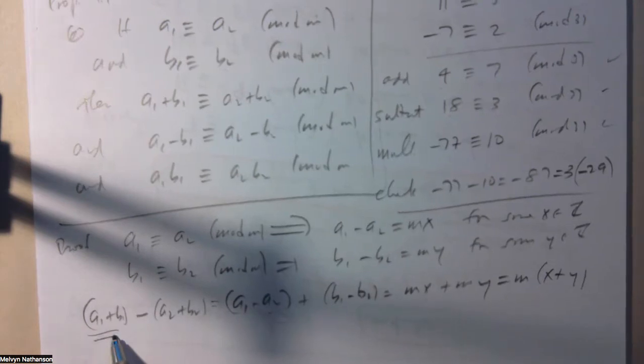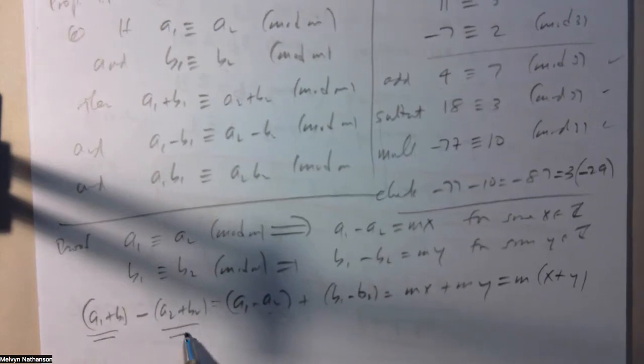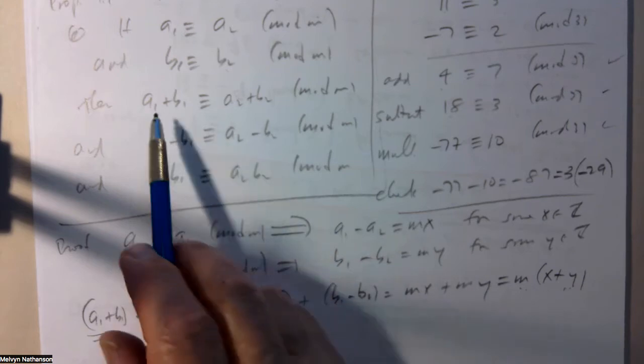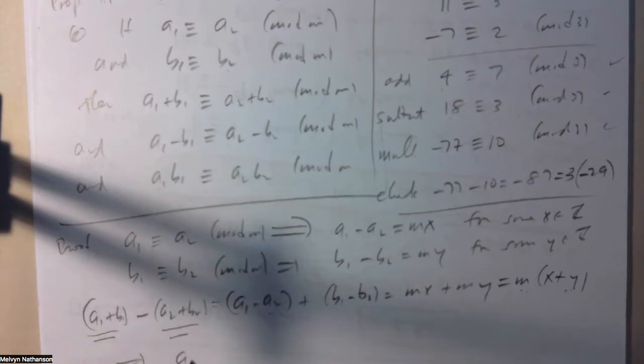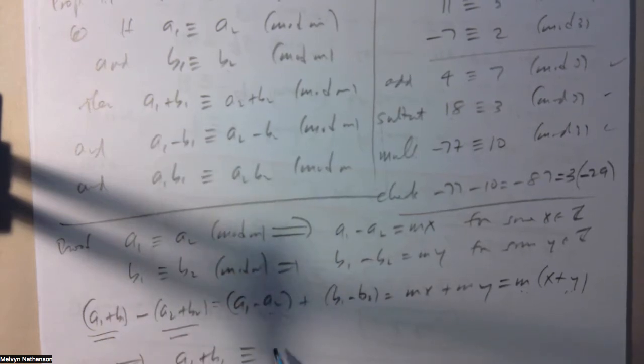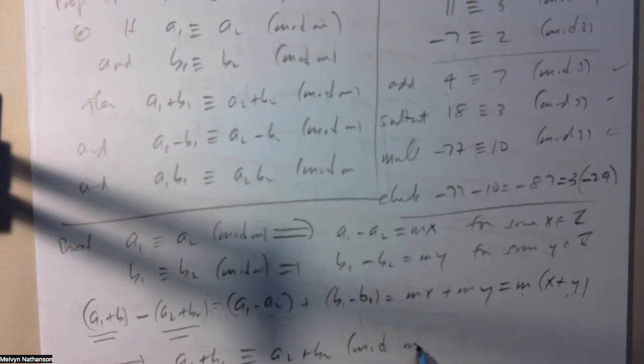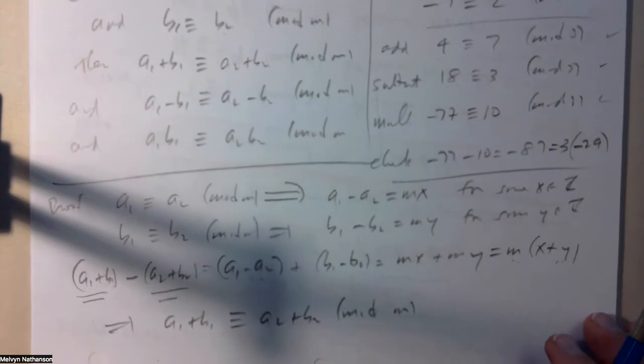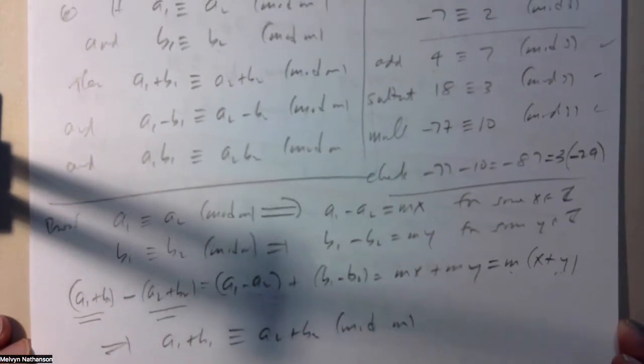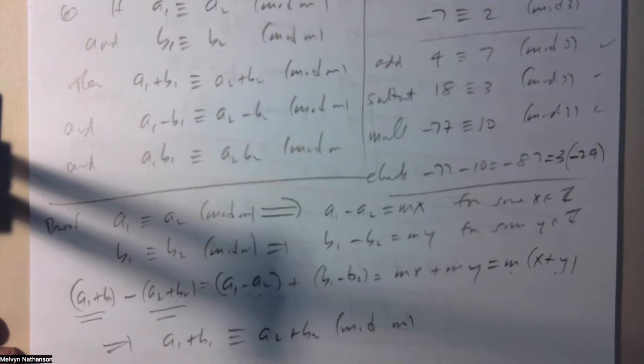So a1 plus b1 minus a2 plus b2 is a multiple of m. It's divisible by m. So we have, therefore, a1 plus b1 is congruent to a2 plus b2 mod m. So this is an example of a proof of this first statement.